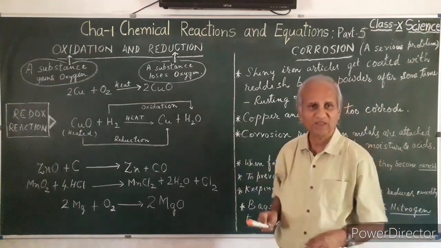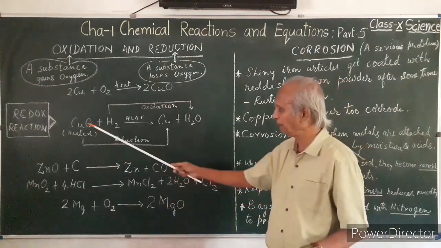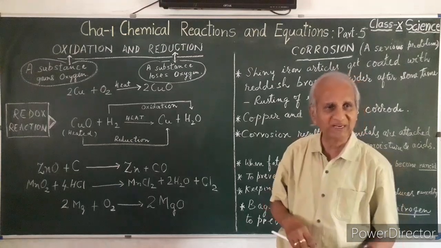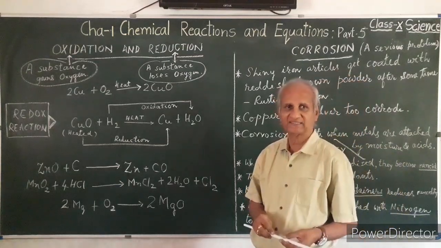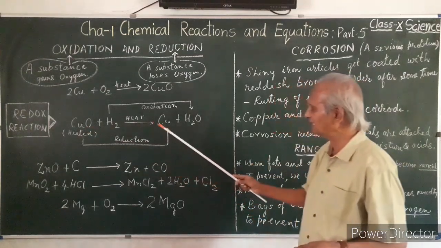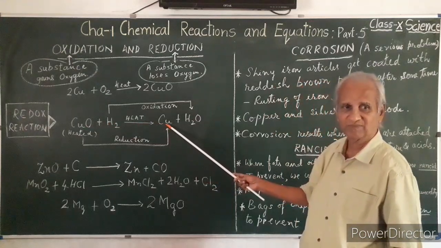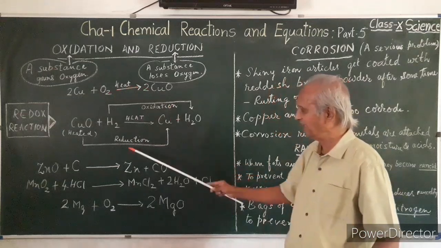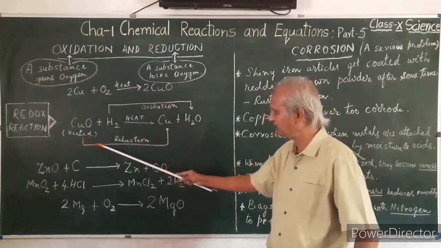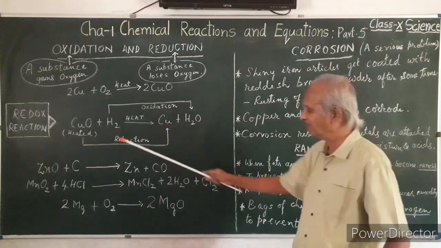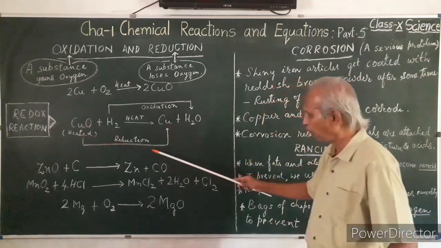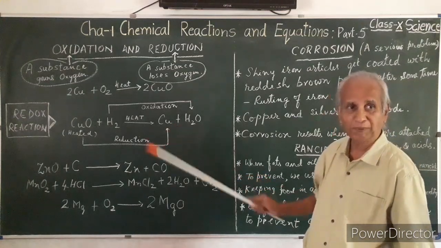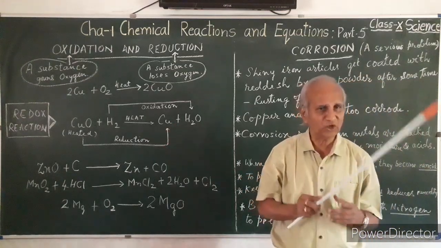Oxygen is given out. Oxygen is lost. Copper oxide has turned poor with regard to the oxygen content it has. So again it gets back to the brownish copper. Now this part of the reaction you call as reduction. I put an arrow mark here. You can make it out. Copper oxide got reduced to copper.